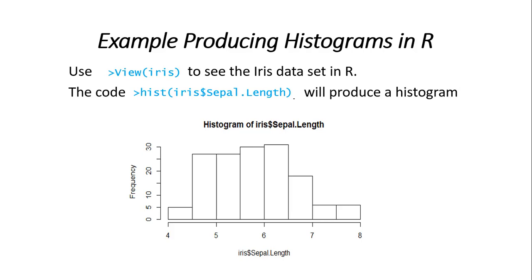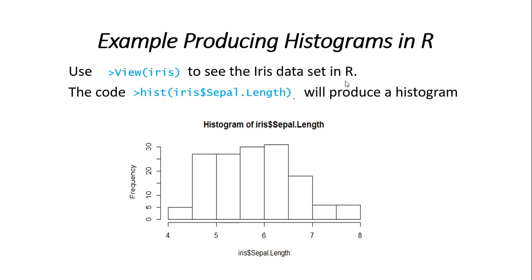So once you're up and running with R, to view the iris data set, we could use the View command. Now this is capital V and then IEW, and we enter iris. And you should be able to see the iris data set if you're using RStudio.